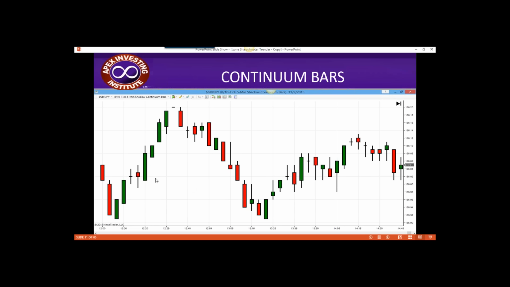Right here, this 8/10 means, let's say a bar closes up, for it to make a new bar, that bar has to go up by 8 ticks to make a new long bar. If the bar goes down 10 ticks, then it makes a new short bar. So it's not time-based.